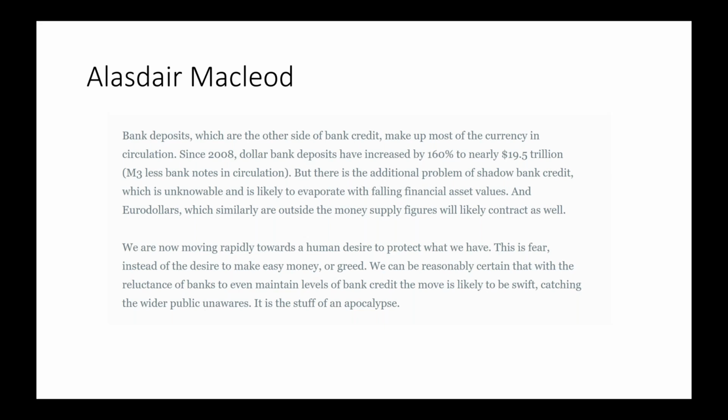This is fear. He said, we're now becoming more fear motivated than we are greed motivated. And Macleod correctly says that we can be reasonably certain that with the reluctance of banks to maintain levels of credit, they're contracting, they're not loaning money, the move from greed to fear, Macleod says, is likely going to be very swift. He said, is the stuff of an apocalypse.